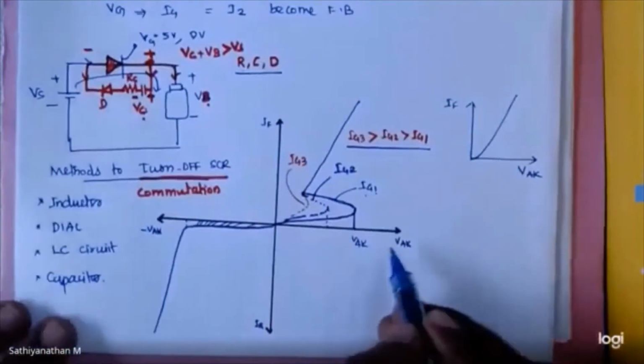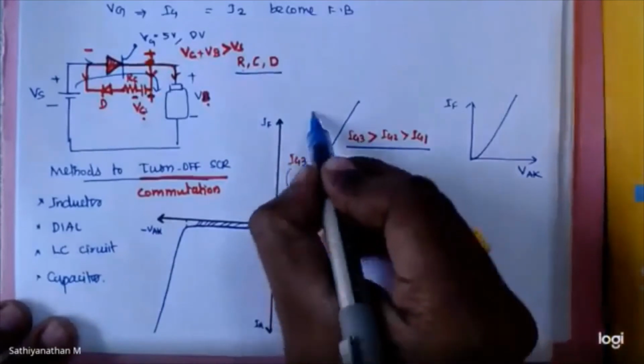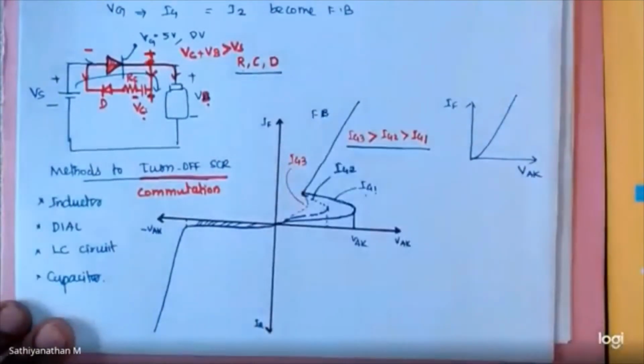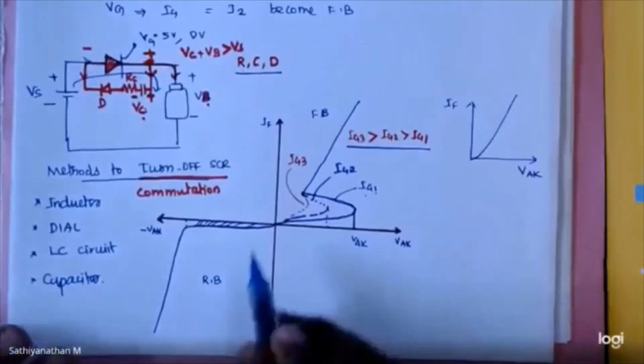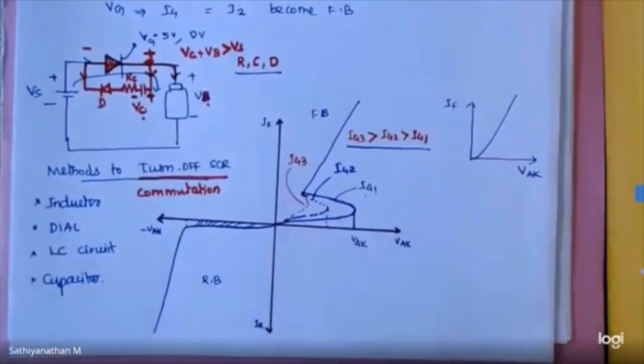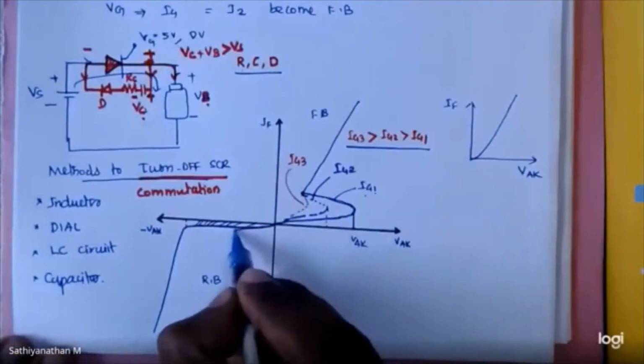Okay, so this is for forward bias condition. During reverse bias, it looks like a diode, and there is no need to apply a gate, because in reverse bias the device should not conduct. Even if you remove the gate and reverse the supply voltage magnitude, there is a small amount of leakage current.